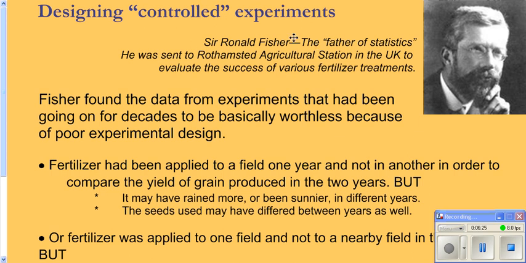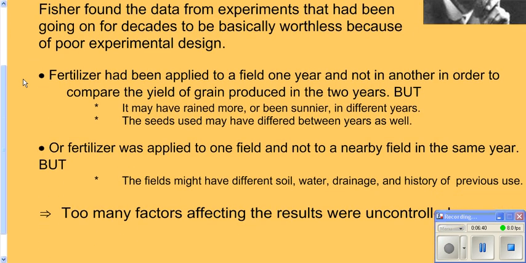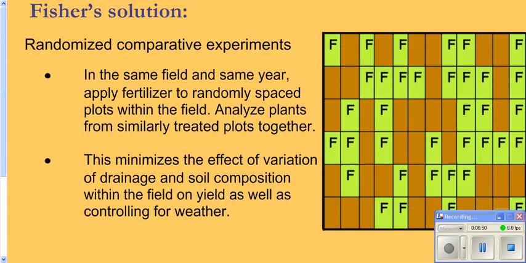Fisher is really the founder of our controlled experiments. When he first started looking at studies, he realized that you can't really draw any conclusions from some of these studies because they were not doing a lot of controlling. There are too many uncontrolled factors, and if you want to research them more, you may. But he's kind of the founder of all this.